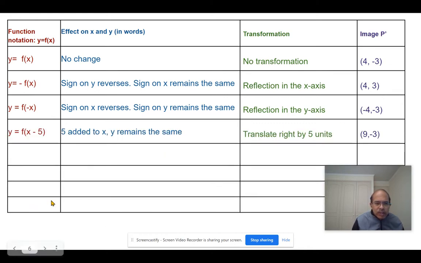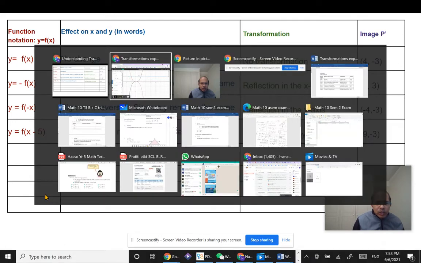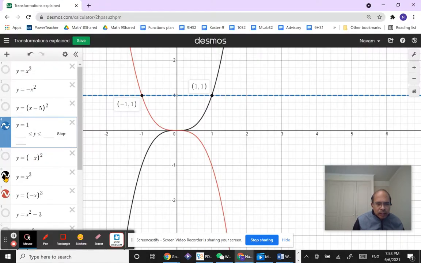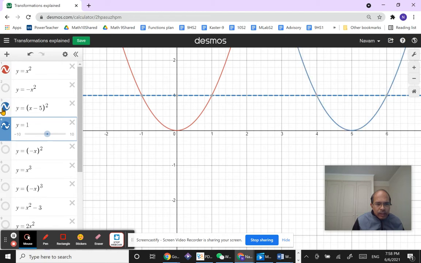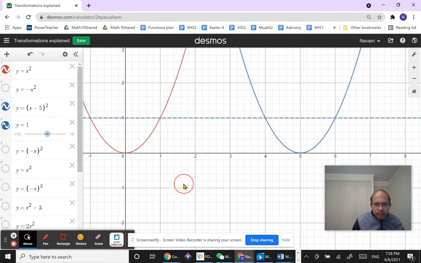What about y equals f of x minus 5? To see this, let's plot this particular function. We'll choose our original function y equals x squared, and then y equals x minus 5, the whole squared.